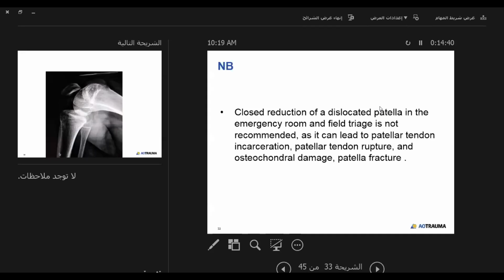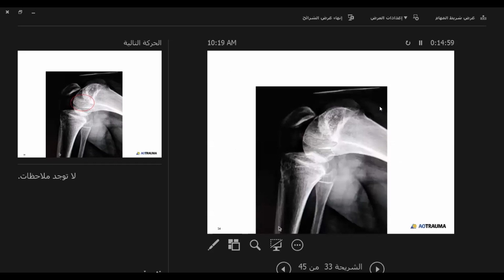If it is difficult to reduce, do not attempt it in the emergency room. You may cause further osteochondral injury, incarceration of the infrapatellar tendon, and you can even cause a patellar fracture because the knee joint is not happy with your reduction.